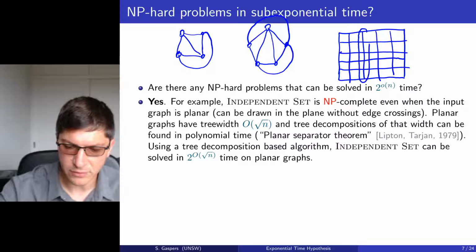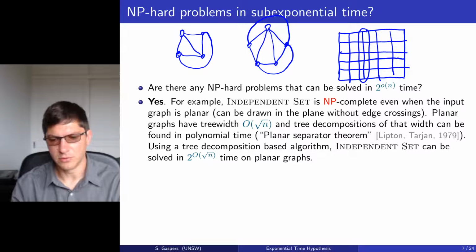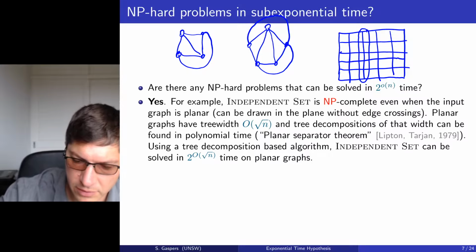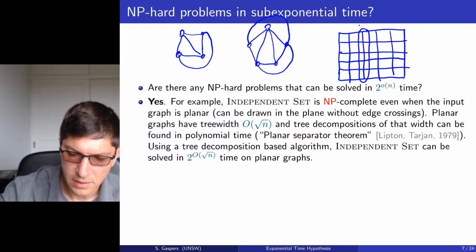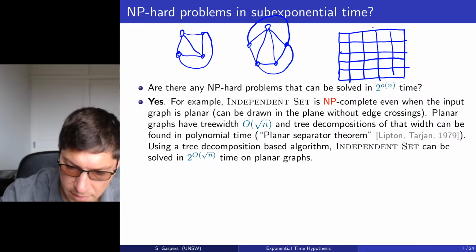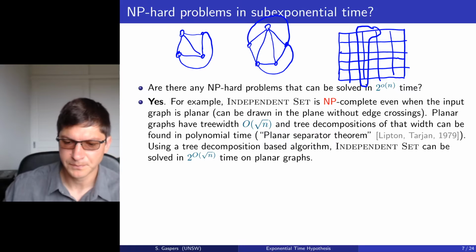So the bags of our tree decomposition would basically be columns, but then to move from one column to the next, we have to find a way to cover all the edges in between. So this could be one bag of our tree decomposition, and maybe our next bag contains the top vertex of the next column as well.